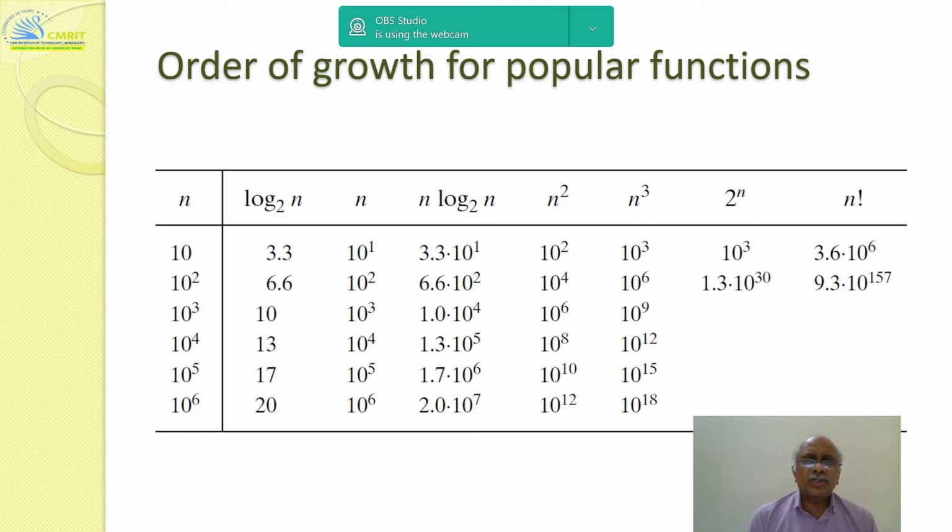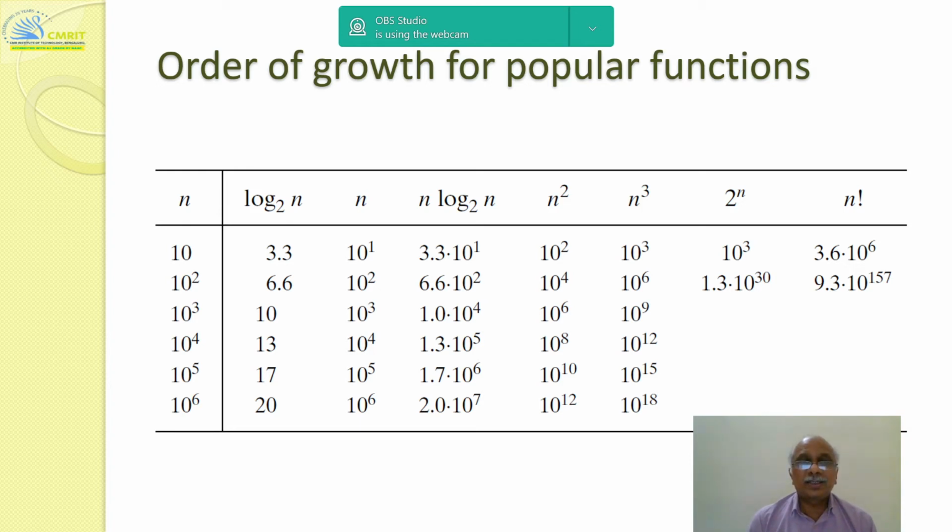Now we can see that for a small size of n, it varies from 3.3 to 10 to the power 3 for polynomial functions. But when it becomes an exponential function, 2 to the power n takes 10 to the power 3, and n factorial takes 10 to the power 6. But even for a small value of 100, the exponential algorithms take a significantly larger amount of time. For example, 2 to the power n takes 10 to the power 30 amount of time, which is very large. Even on present day computers, it takes years together to perform that computation.